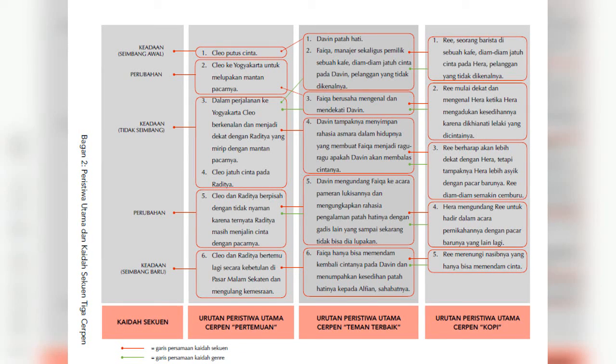We can find it here when Cleo goes to Yogyakarta to forget her ex-boyfriend. And the other stories have a similar pattern in the second part.